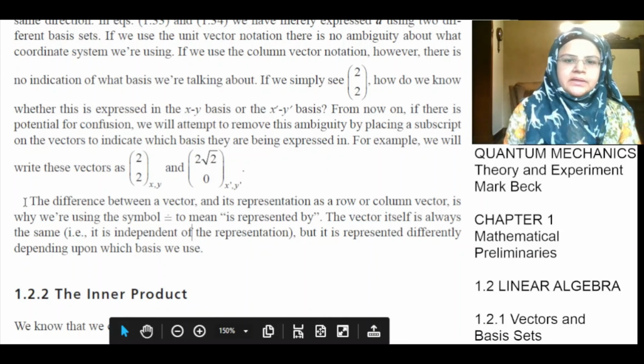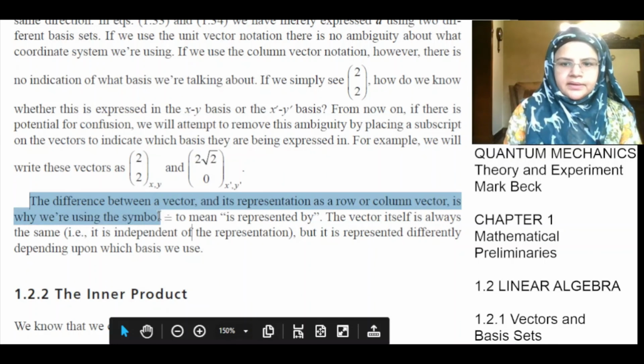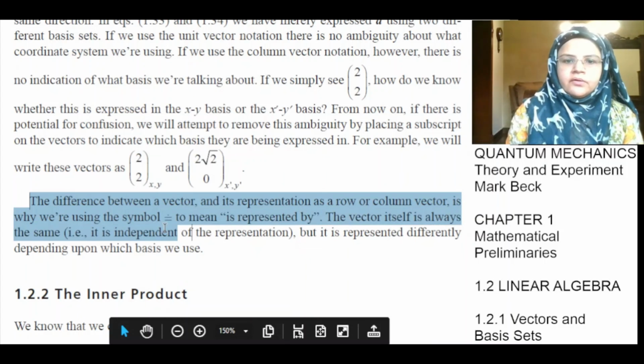The difference between a vector and its representation as a row or column vector is why we are using the symbol ≐ to mean 'is represented by'. The vector itself is always the same, that is, it is independent of the representation, but it is represented differently depending upon which basis we use.